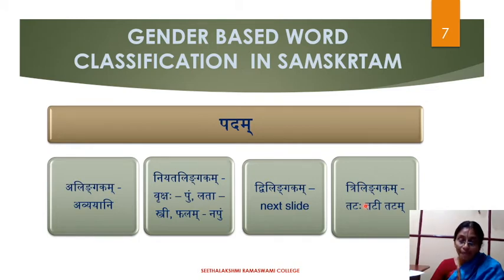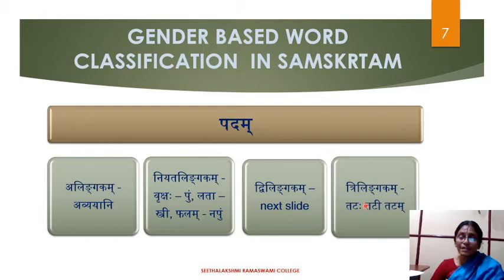For that same single lexical entry, three genders should be assigned. Then only we can have Trilingaka padas. In the previous slide, we saw three words in all the three genders for wife. That cannot be treated as a Trilingaka pada because they are three different lexical items.